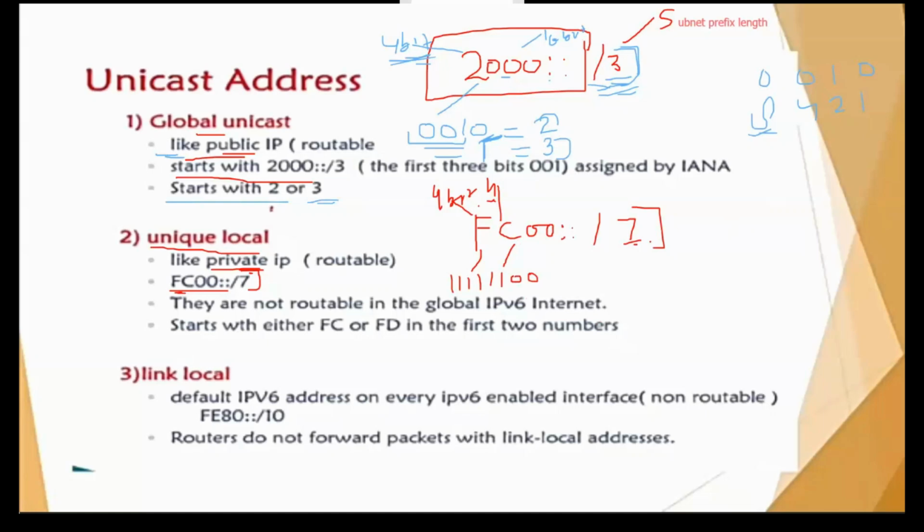So here the 7 bits we can't change. From here to here, this value we can't change. If you change this value, it will not be a private IP. We can change only this value. After that there's 0 0 also, but this value we can also change. So the first combination is 1 1 1 1 1 1 0 0, and the second combination is 1 1 1 1 1 1 0 1.